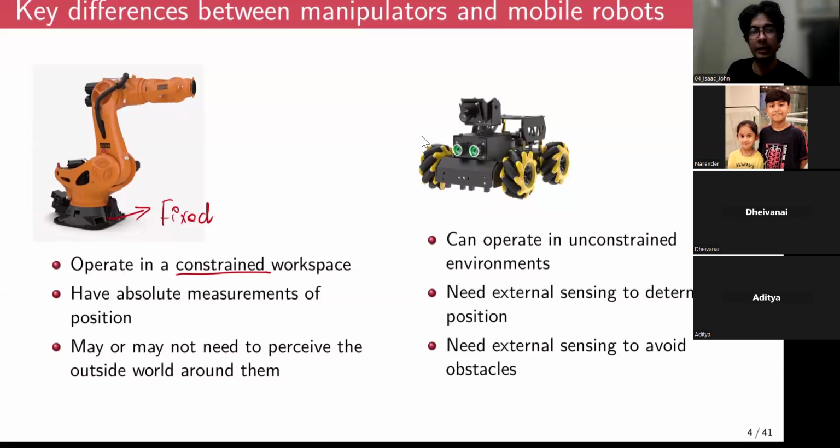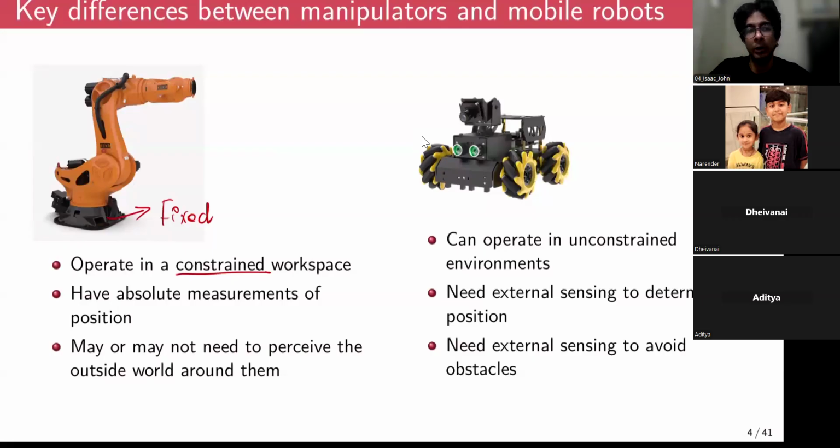For example, in an industrial situation, the entire workspace of a robot manipulator would be fixed. The obstacles are all fixed, or the robot would already know where each of its points of interest and each of these objects are.